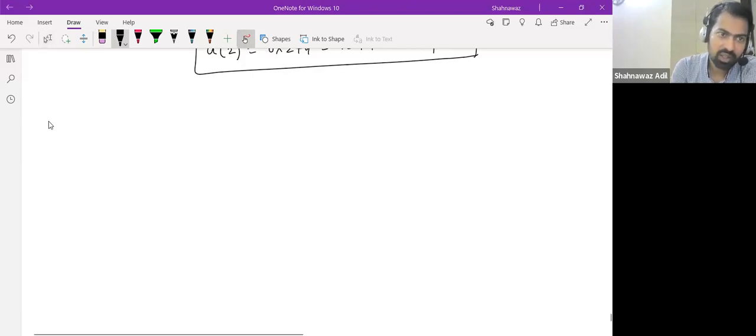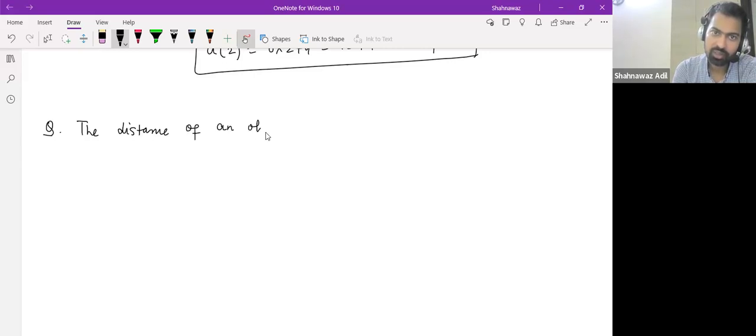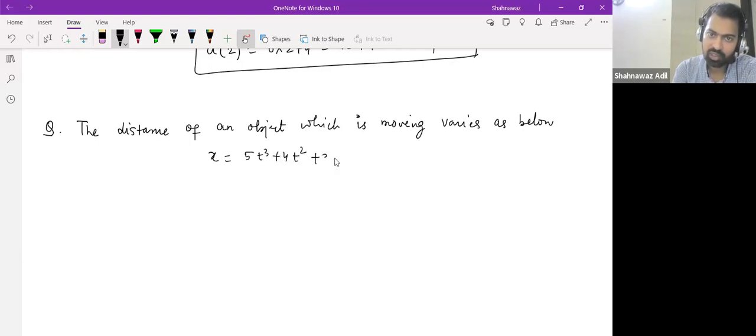Okay, so now in this question, this is a complete question. The distance of an object which is moving varies as x equals 5t cubed plus 4t squared plus 3t plus 5.